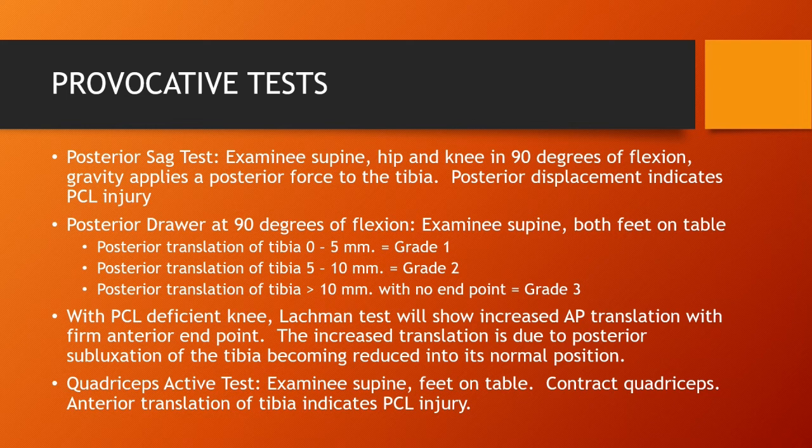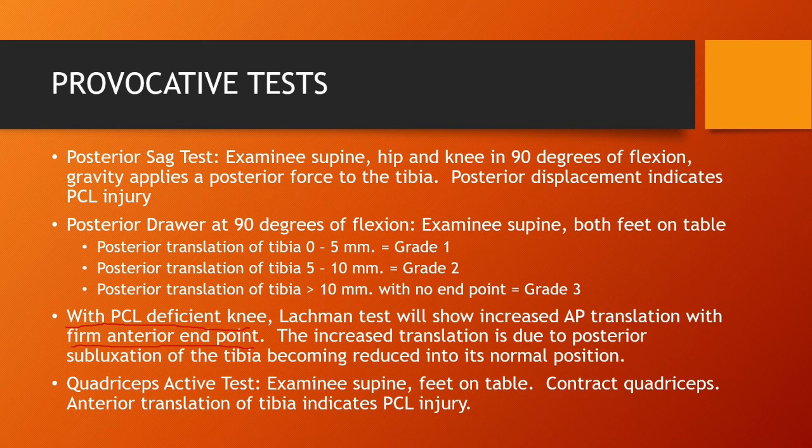Well, it's important to keep in mind that with a posterior cruciate ligament deficient knee, the Lachman test will show increased anterior to posterior translation, but unlike the injury to the anterior cruciate ligament, with the posterior cruciate ligament injury, we're going to see a firm anterior endpoint with the Lachman test as the intact anterior cruciate ligament comes into play to restrain anterior translation.